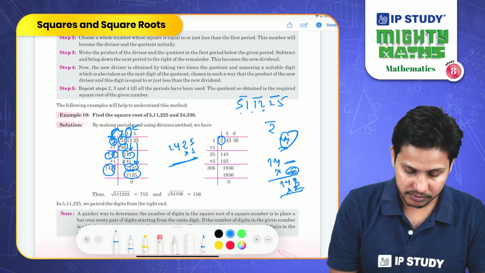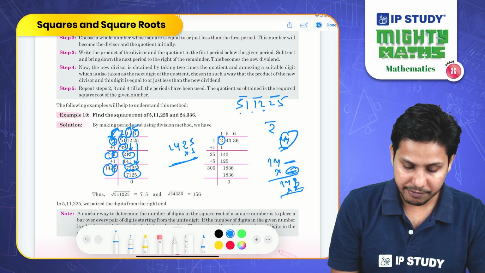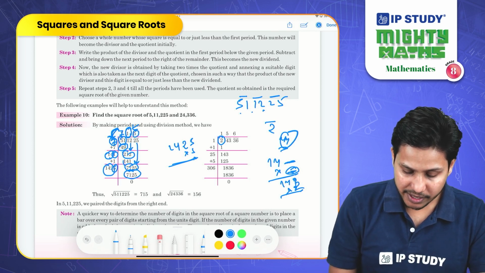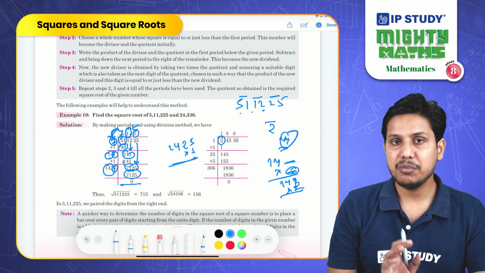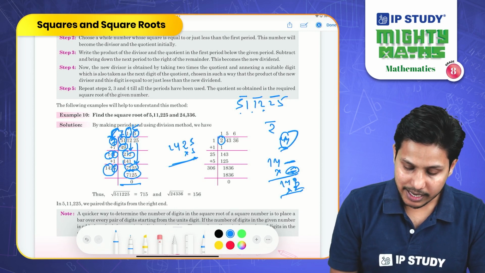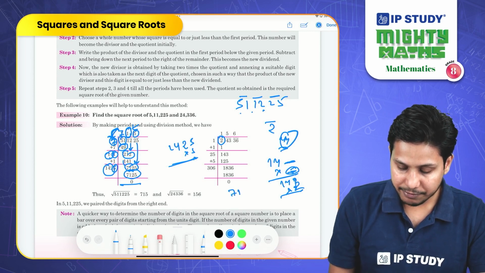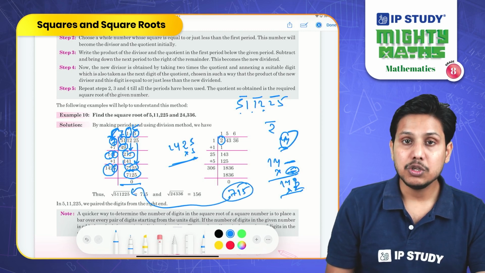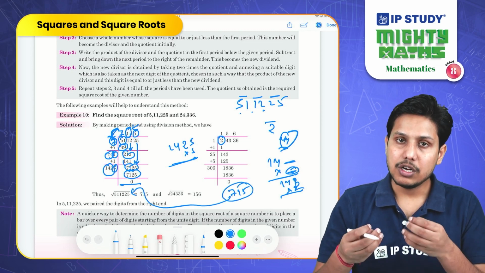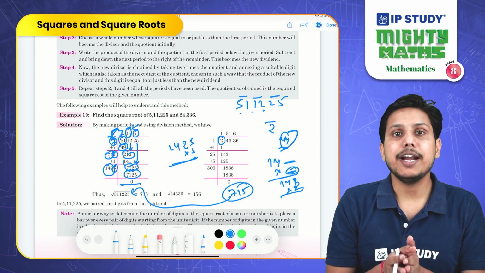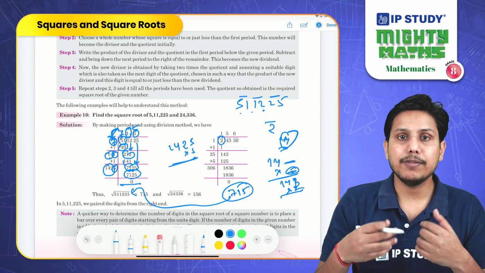Like for this we have 5, so we'll write 5 over here. Now if the remainder is 0, it means the number was a perfect square, and the quotient that we get, that is 715, will be the square root of the given number. So it is quite a long but easy method to find the square root of bigger numbers.